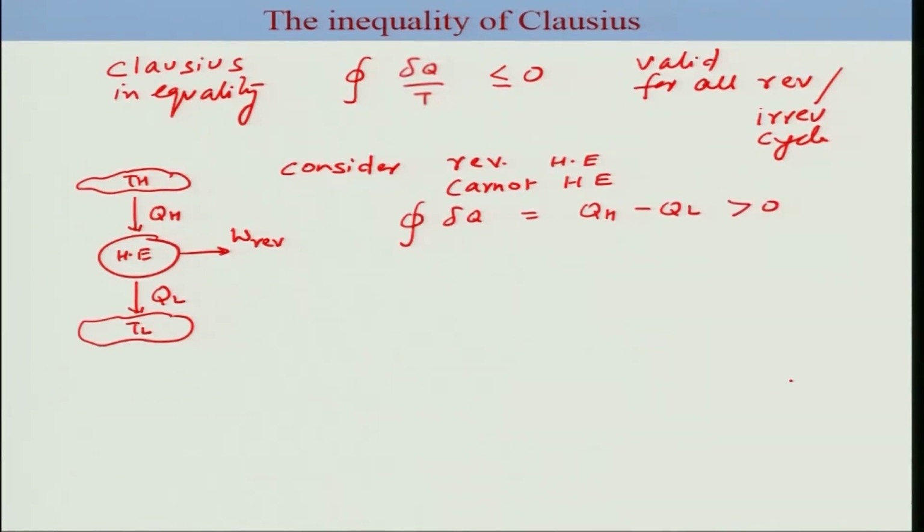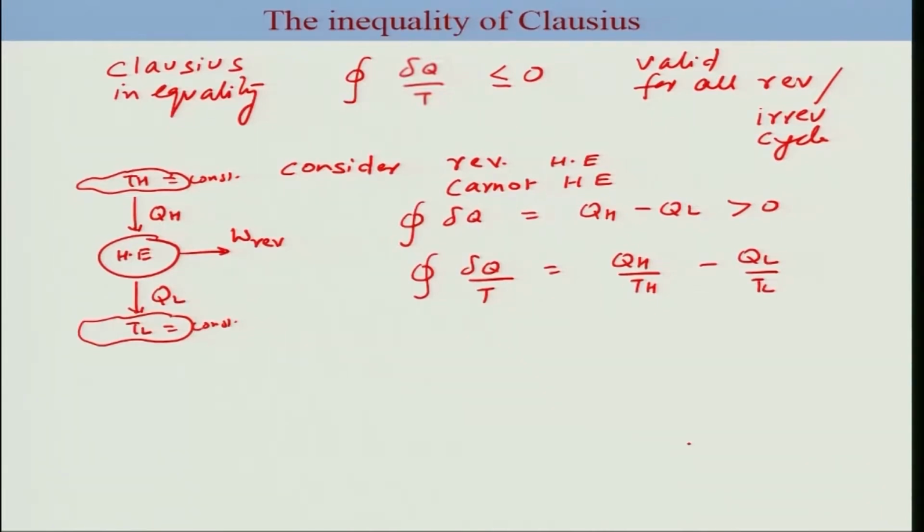Now since these are a source and a sink, the temperature TH is constant and TL is constant. Let's look at the expression del Q by T, which is going to be QH by TH minus QL by TL.